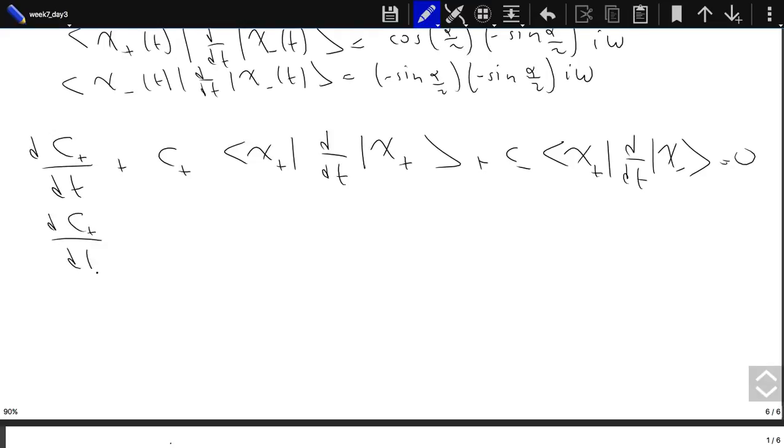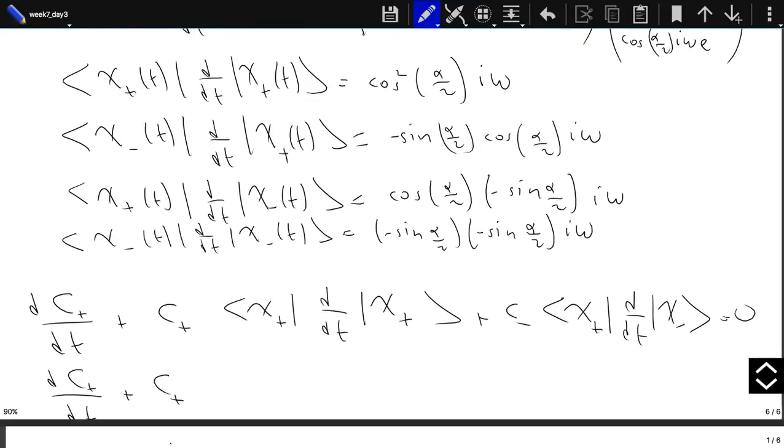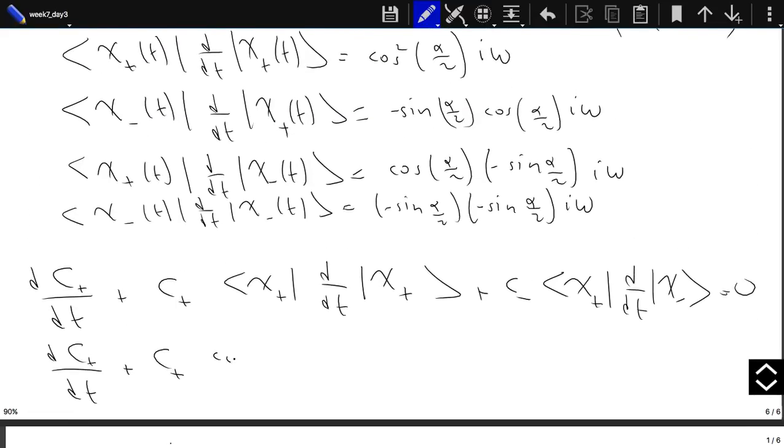So dC plus by dt plus C plus times the plus-plus matrix element, which is cosine squared alpha over 2. In fact, all of these matrix elements are time independent, so let's just give them some names. Let's call this plus matrix element I omega C squared, it's the cosine squared.